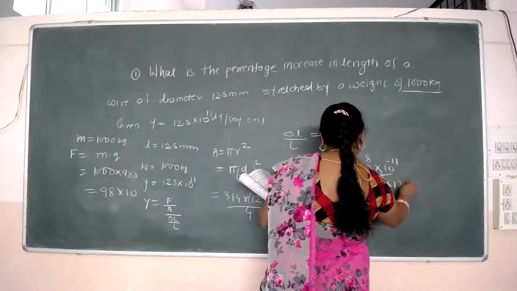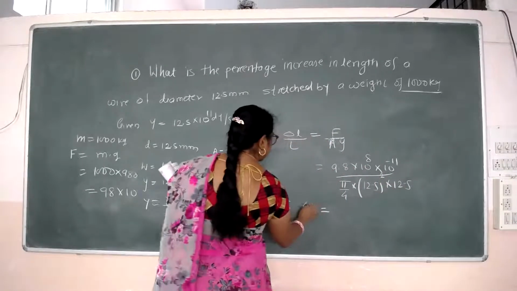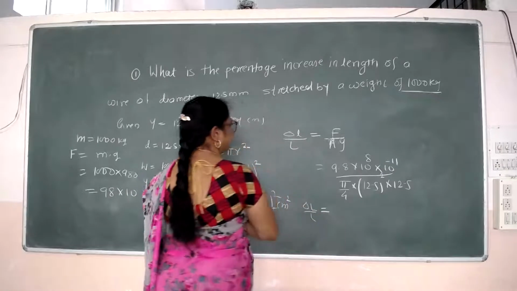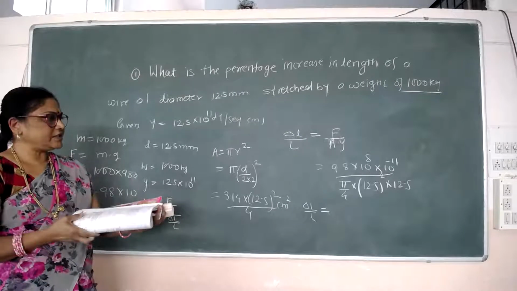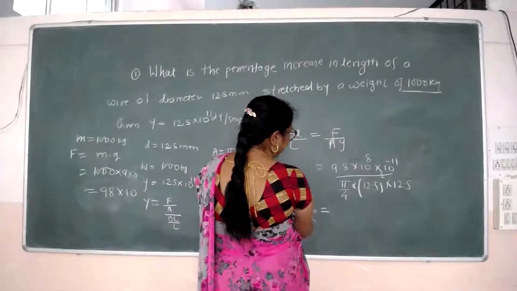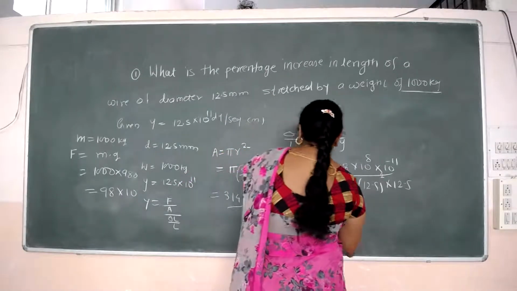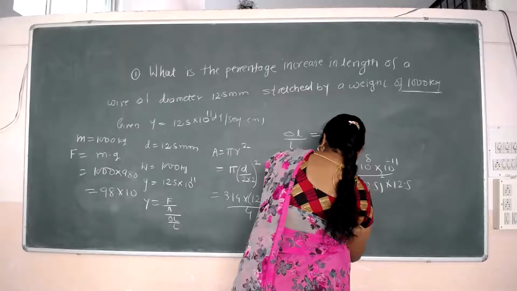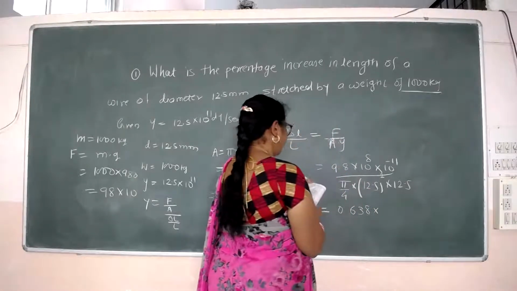Calculate this value and find the answer. The answer is in the form of delta L by L. Both units are cancelled and we get the answer as 0.638 into 10 to the power of minus 3.